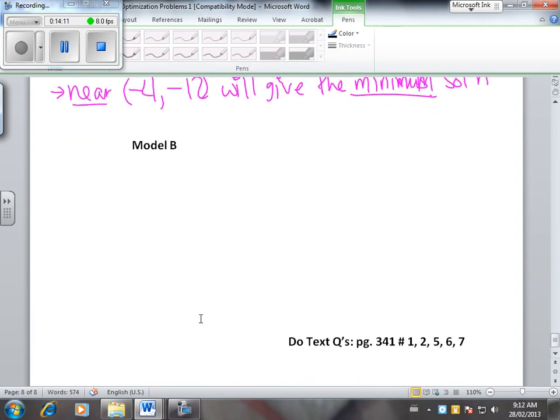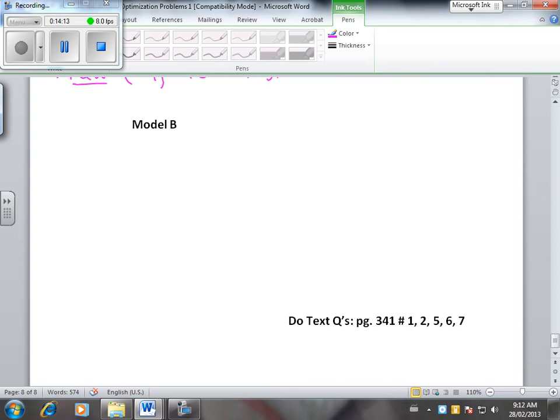And if you look at model B, just underneath, still on page 334, our objective function is n equals 3x minus 2y.